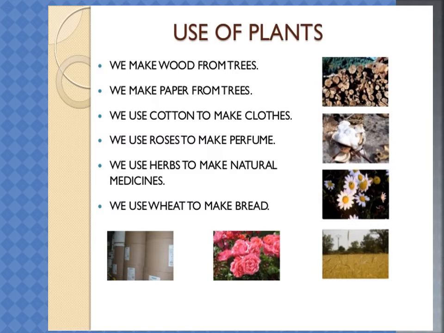We make wood from trees. We make paper from trees. We use cotton to make clothes. We use rosette to make perfume. We use herbs to make natural medicines. We use wheat to make bread. There are more uses like that.